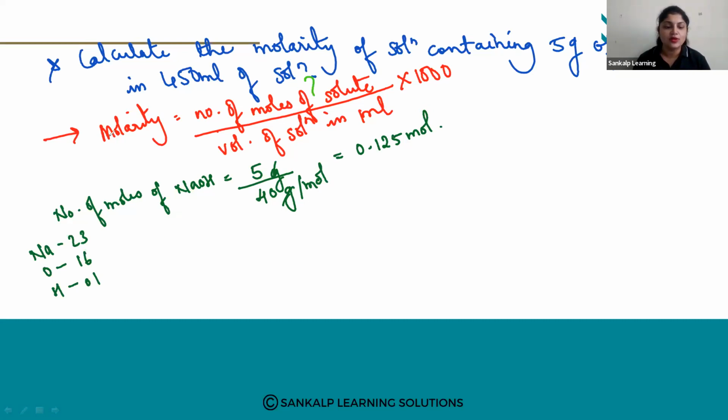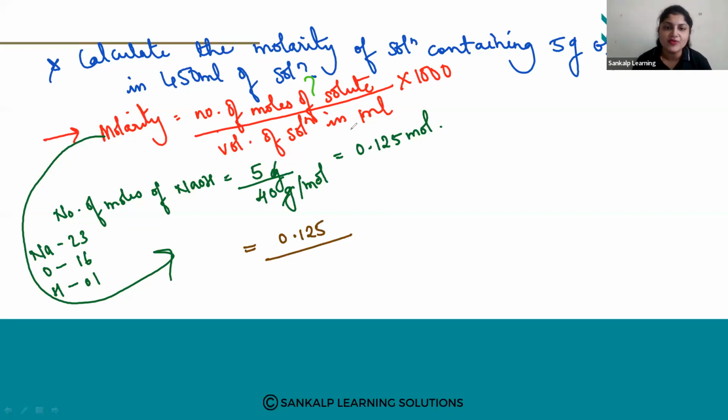Now you substitute in this particular formula. The number of moles is given as 0.125, divided by the volume of solution in ml. How much solution is given? It is 450 ml into 1000 ml per liter.